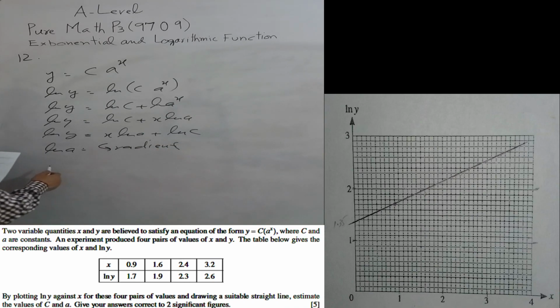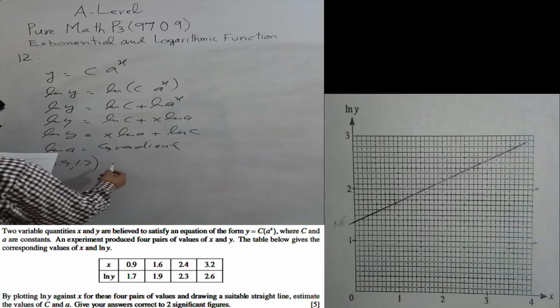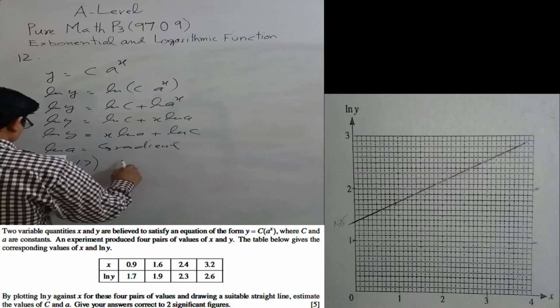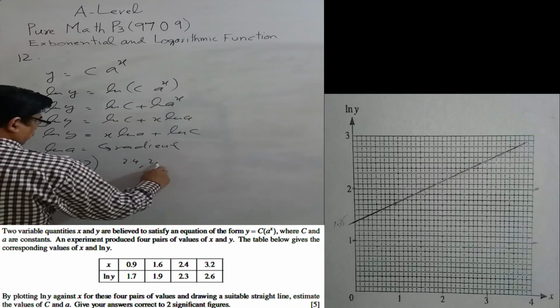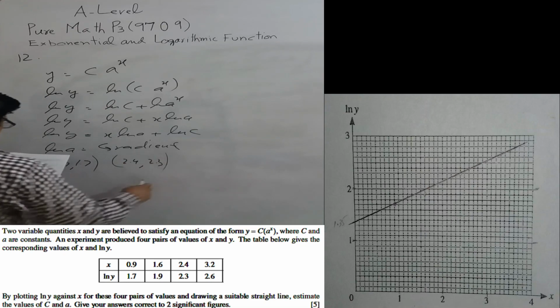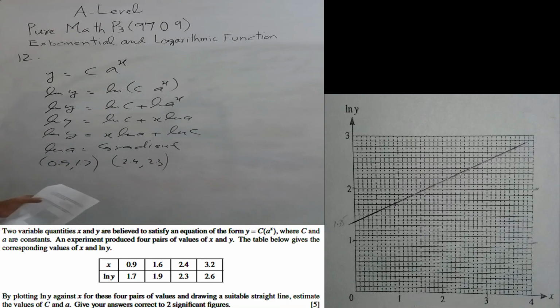So I use the first point, which is (0.9, 1.7), and I use the third point, which is (2.4, 2.3). Using the first and third point, you will find this ln a.